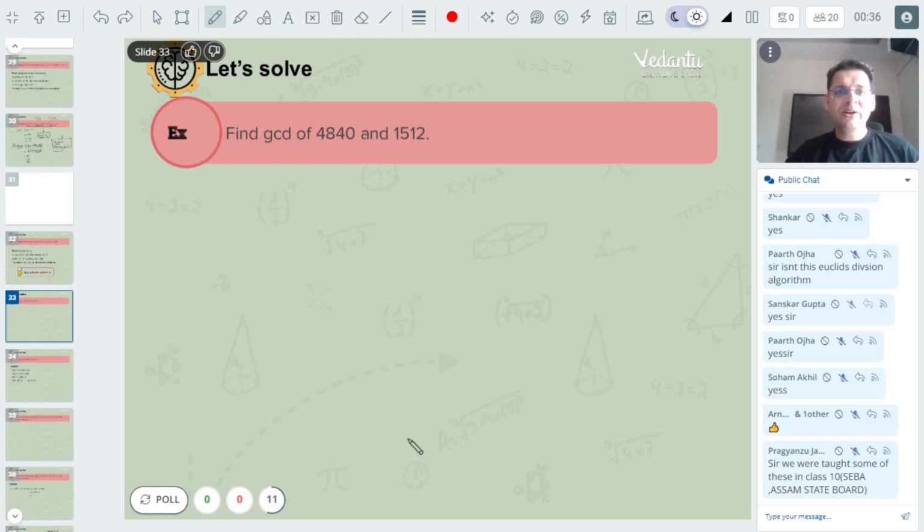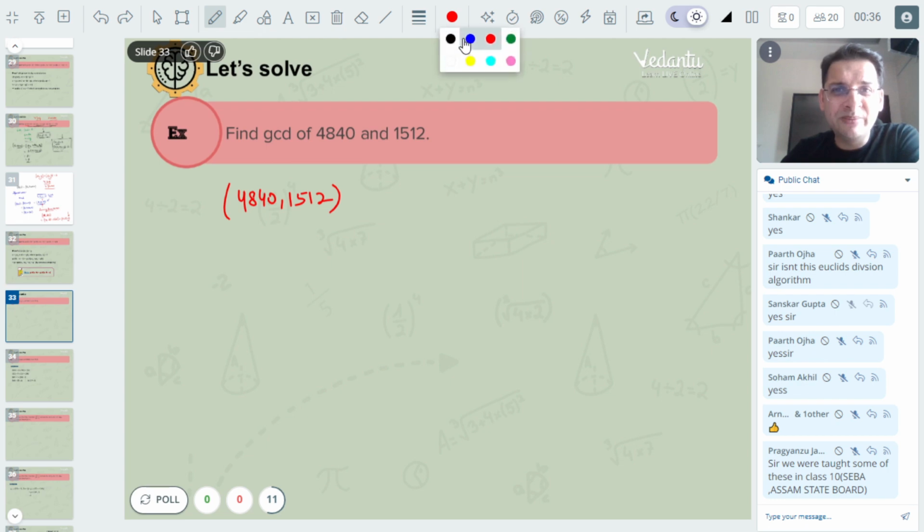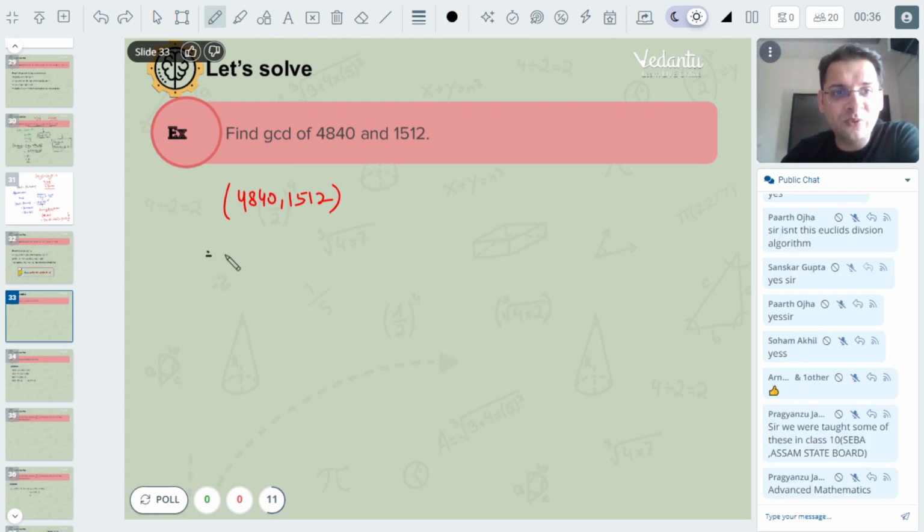Okay. Now let us try to find GCD of these two numbers using the same trick. So we have 4840 and 1512. So these two are big numbers. Instead of prime factorization, what we'll do is 4840, smaller number as it is. So we'll put smaller number as it is.